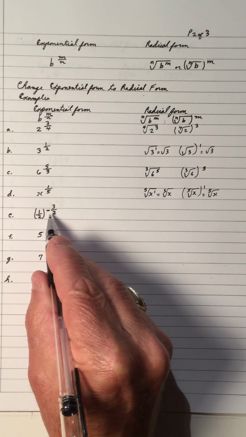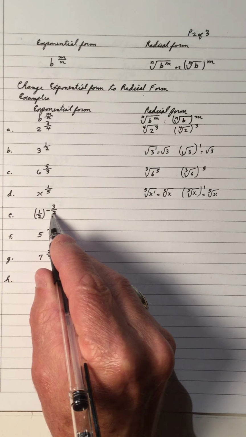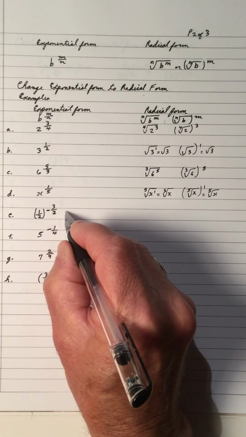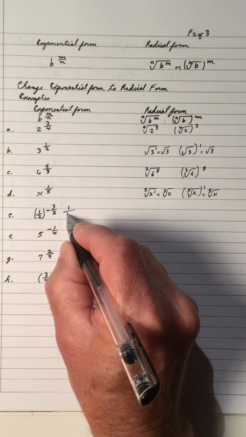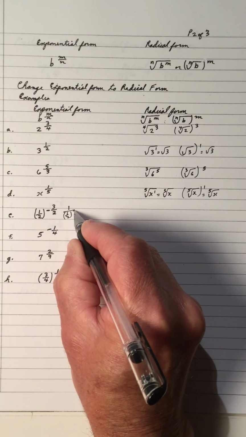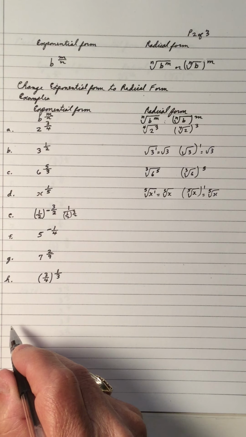E, we have 1/2 raised to the negative 3 over 2. Before we start, we could make it 1 over (1/2) to the 3 over 2. That's one way.